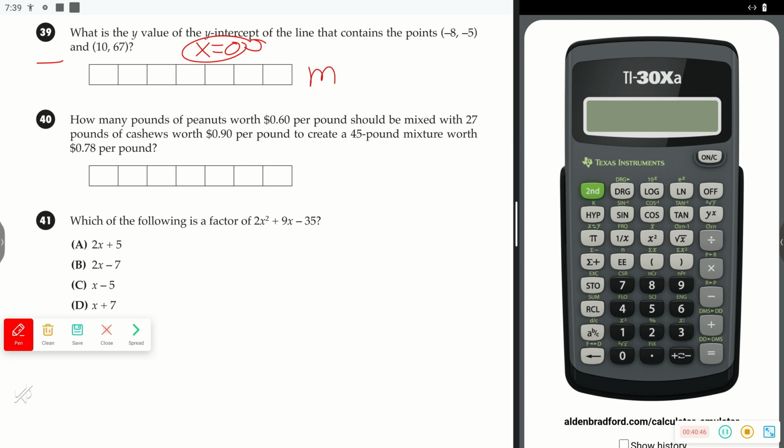So first, let's find the slope. M equals y2 minus y1 over x2 minus x1. So I'll call this x1, y1. I'll call this x2, y2. Once you have that set up, it's not too bad. So it's going to be 67 minus a minus 5 divided by negative 8 minus, oh wait, x2.